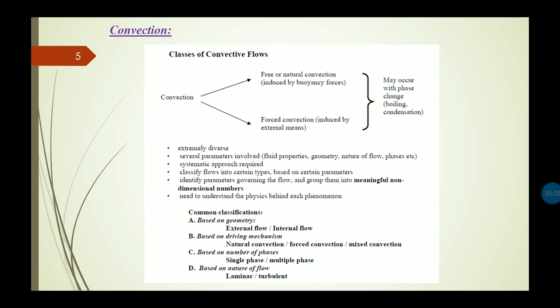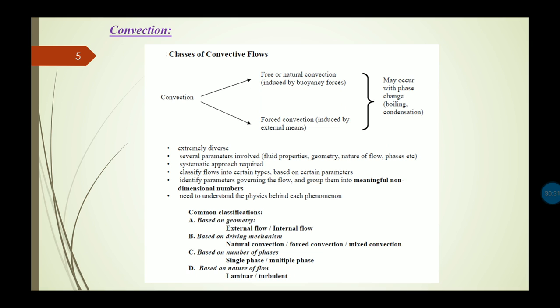Now it may occur with phase change, that is boiling or condensation, which will be discussed in later lectures. Now this convective flow is extremely diverse. There are several parameters involved, like fluid properties, geometry, nature of flow, phases, etc. A systematic approach is required.